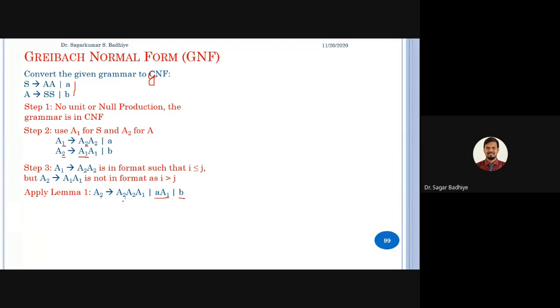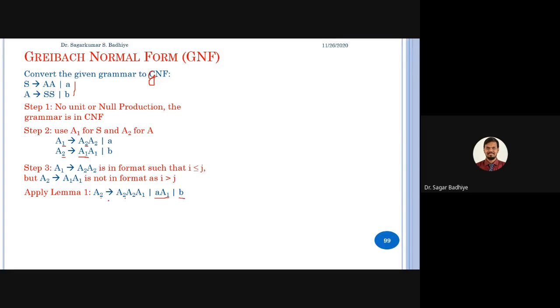Okay, so we need to apply lemma 2 over here, right? Because this is 2, but it is not in GNF. Now for converting it to GNF, we need to apply lemma 1 and lemma 2 simultaneously. We can apply either lemma 1 or lemma 2.